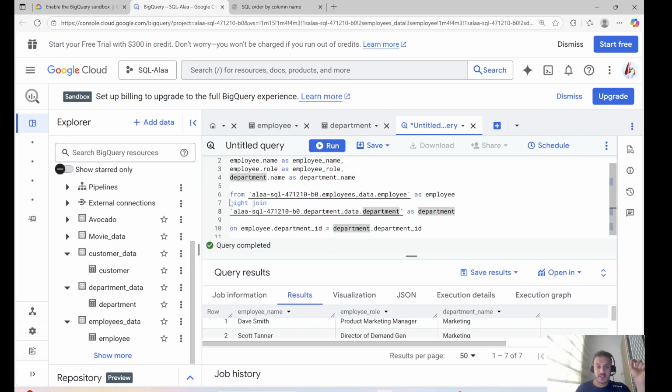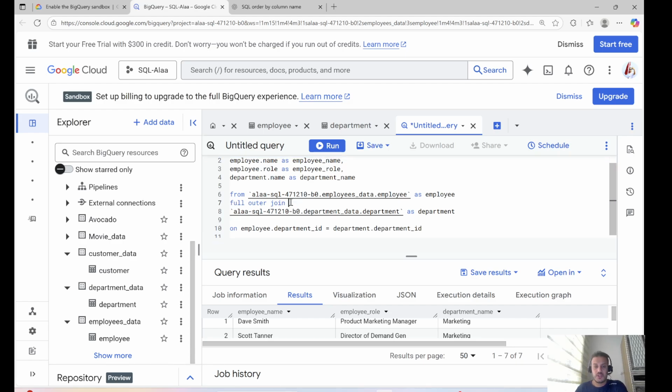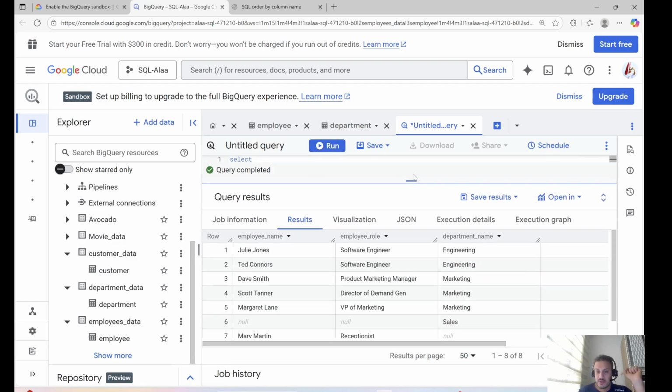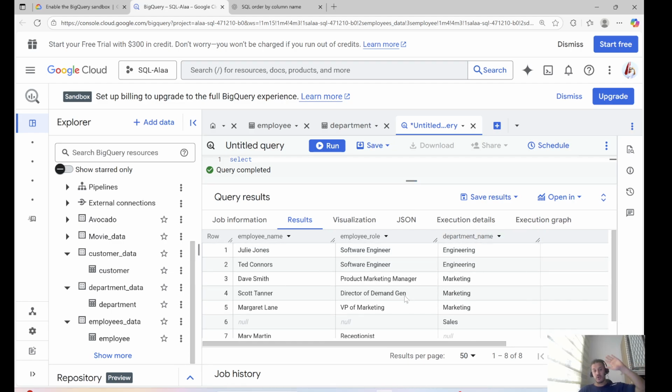And if we use the full outer join, it will give us all the data in the department and in the employee, and the matching part between them also. So all data in the left and right tables, and also the matching part between them.